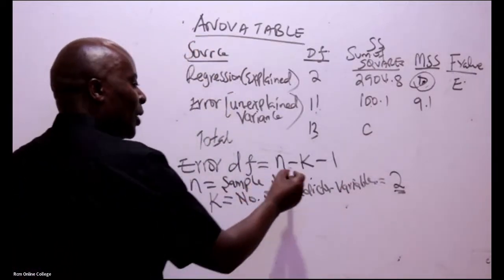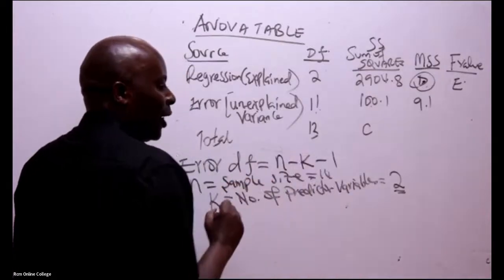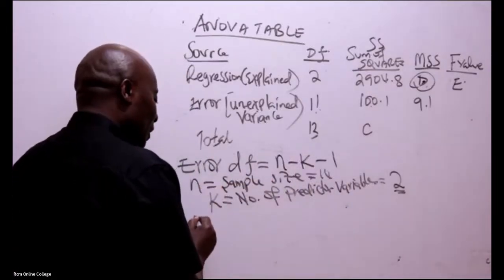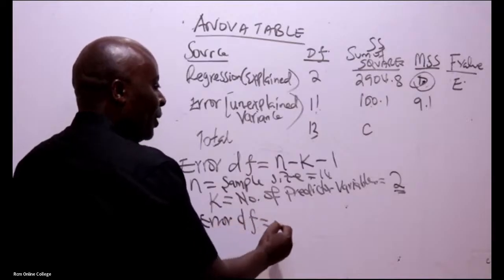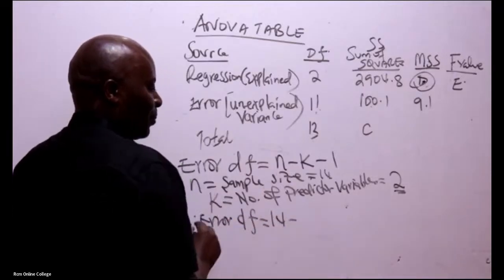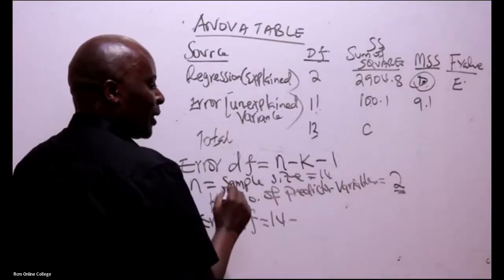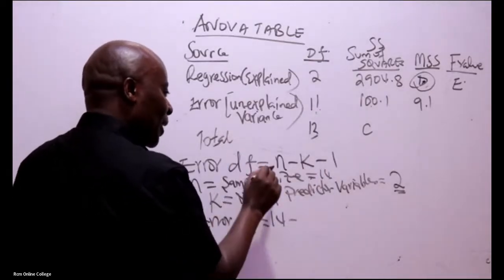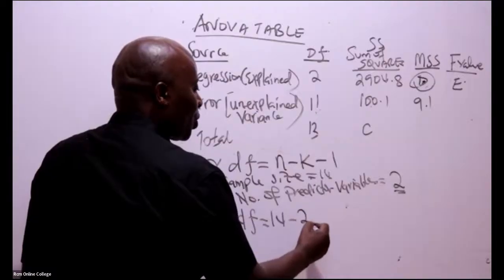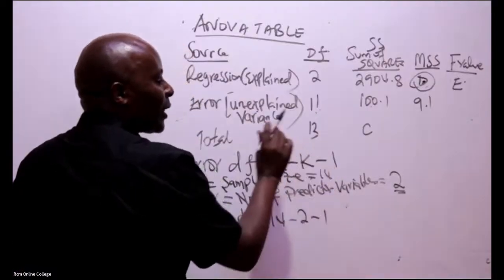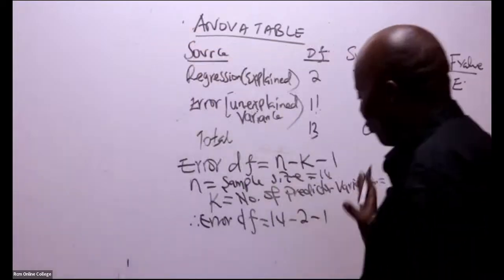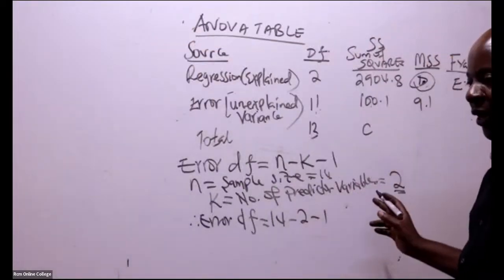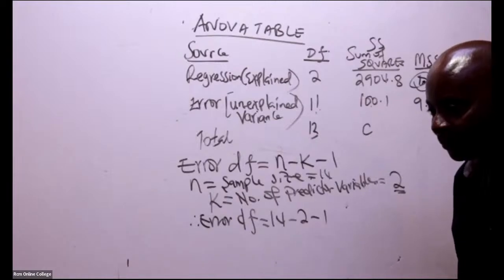And the sample size we've just gotten here is 14. So the error degrees of freedom, error df, will be the sample size minus k, which is 2, minus 1. Don't ask me where that one is coming from; it's important to just cram it that way. So 14 minus 2 minus 1, which will end up giving us what here?